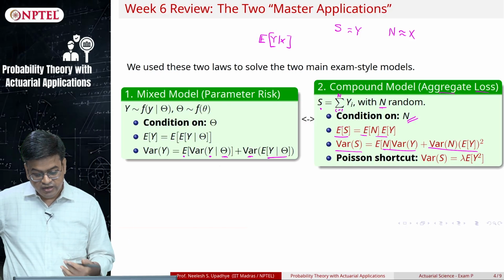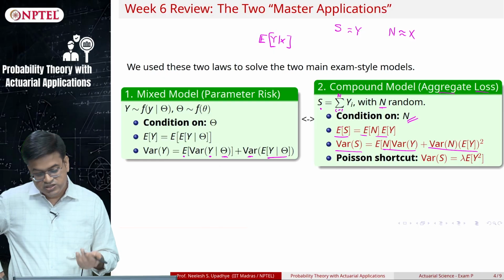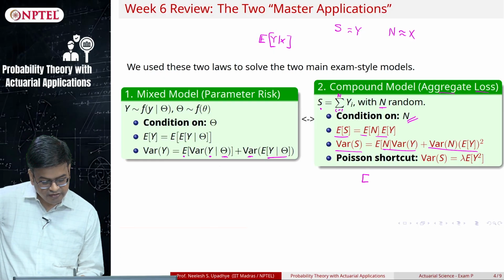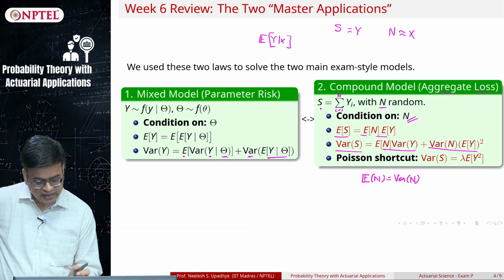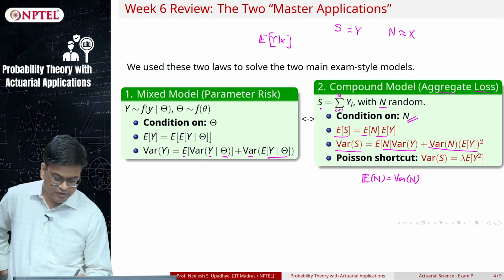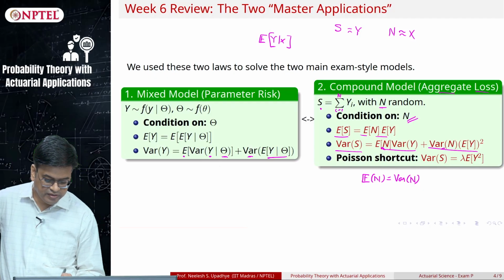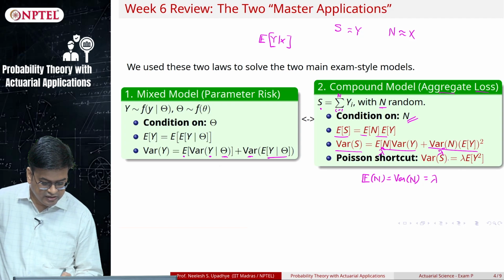However, when I have a Poisson random variable, the expected value of n is equal to the variance of n. So in that case the formula simplifies because both are the same. Let us call them lambda, then you put lambda here, and then you get the variance of y plus the expected value of y squared.